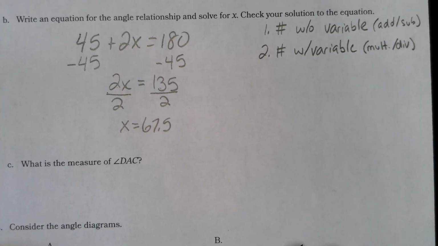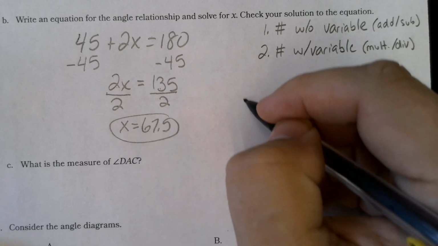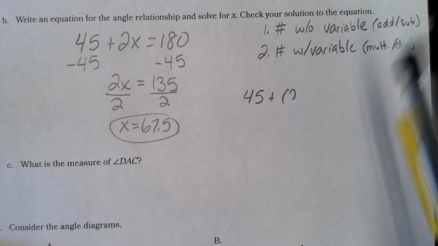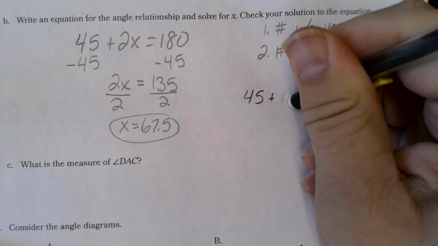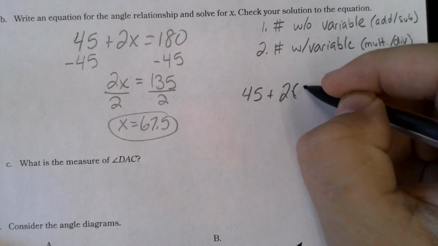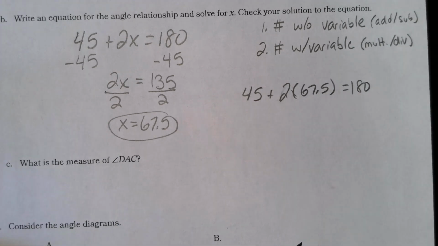Okay, so 67.5 is x. And so when we go back in here to check and see if we have the right solution, which just means answer. Okay.